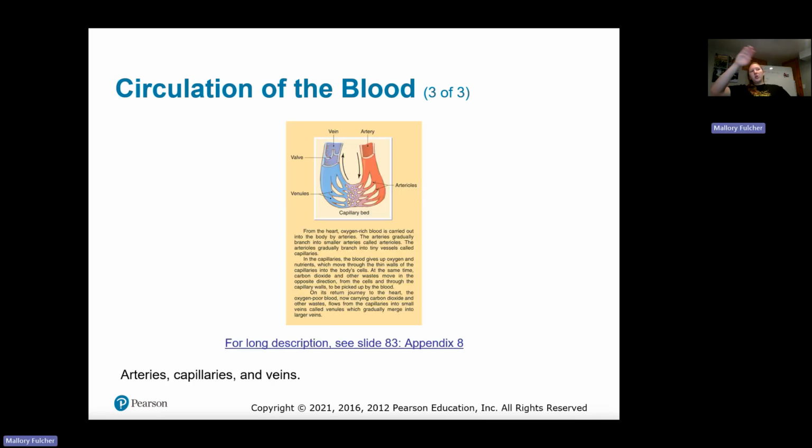Circulation of blood. So our circulatory system is a giant circle, thus the name. Our blood goes from our heart into arteries. Those arteries thin into arterioles, which are smaller, and then they go into capillary beds. Those capillary beds are the smallest vessel in our body.